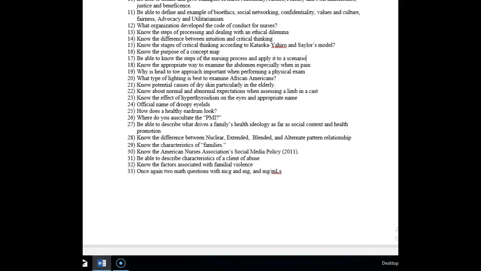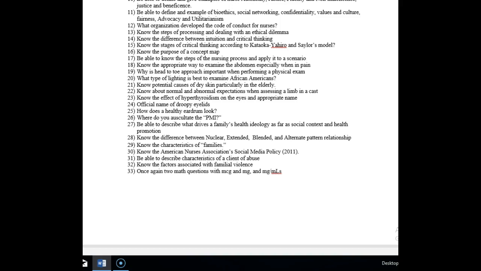So basically, poor turgor and skin elasticity is a problem with older people, as well as they claim that using too much soap when they're bathing is a real bad problem for older people.